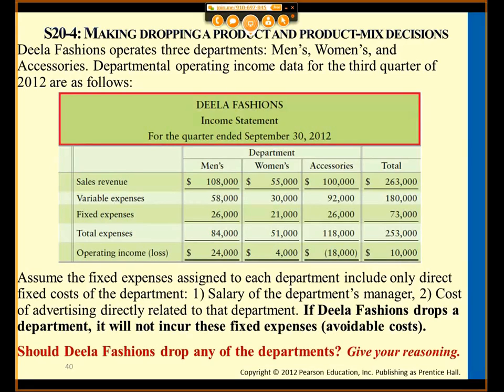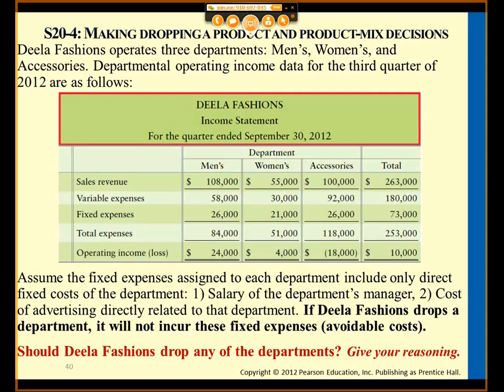Right? What do we have here? It says that assume the fixed expenses assigned to each department include only direct fixed cost of the department. What does it mean? Is it going to affect any other departments? No, it's not. Good.